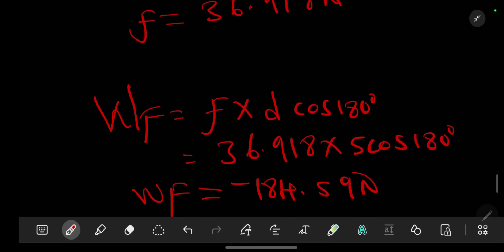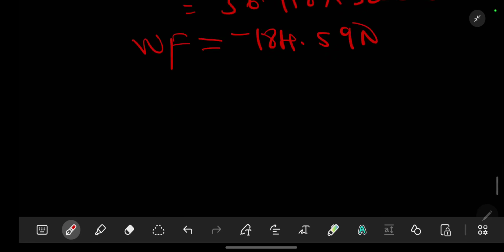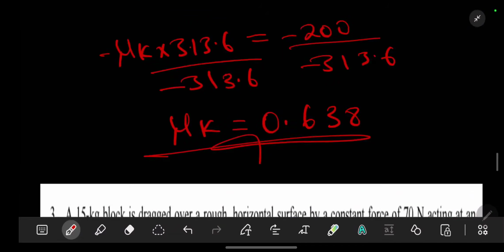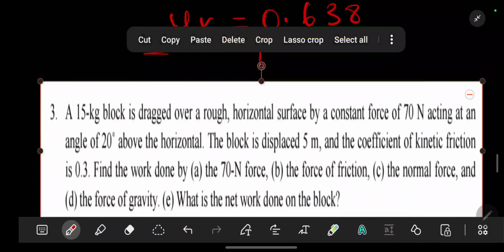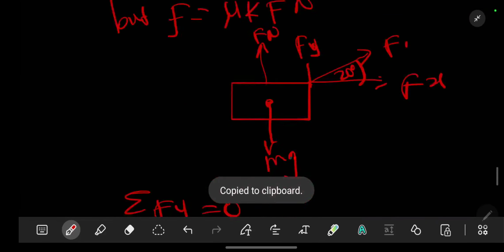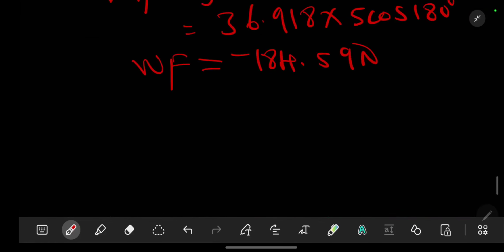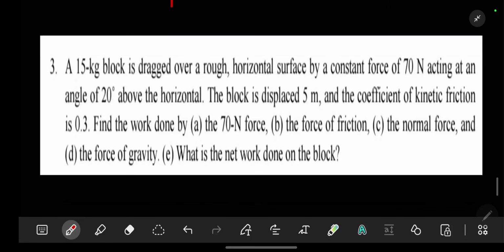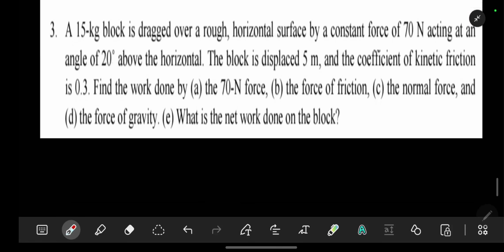With that done, we go to C, which is the work done by the normal force.